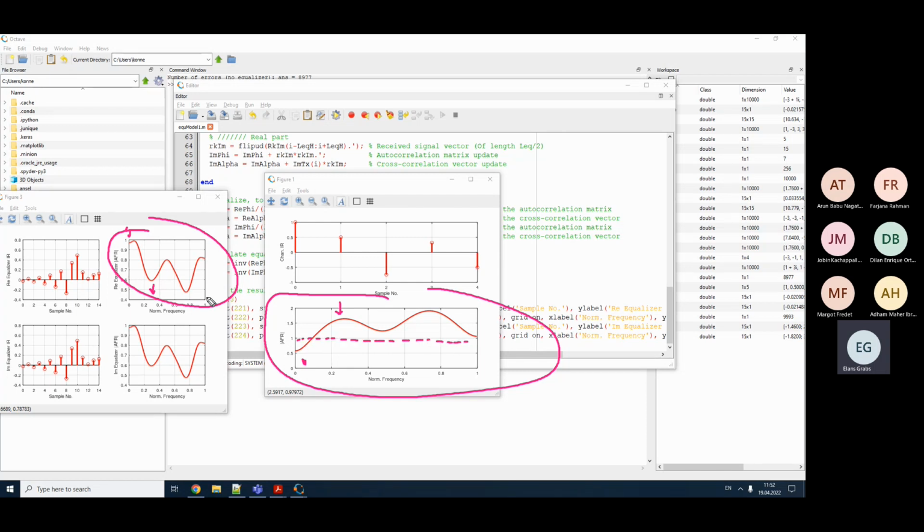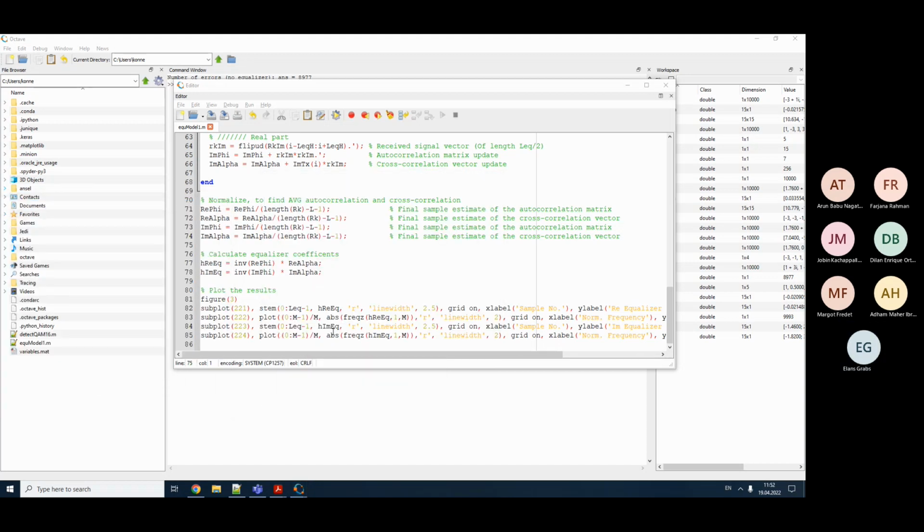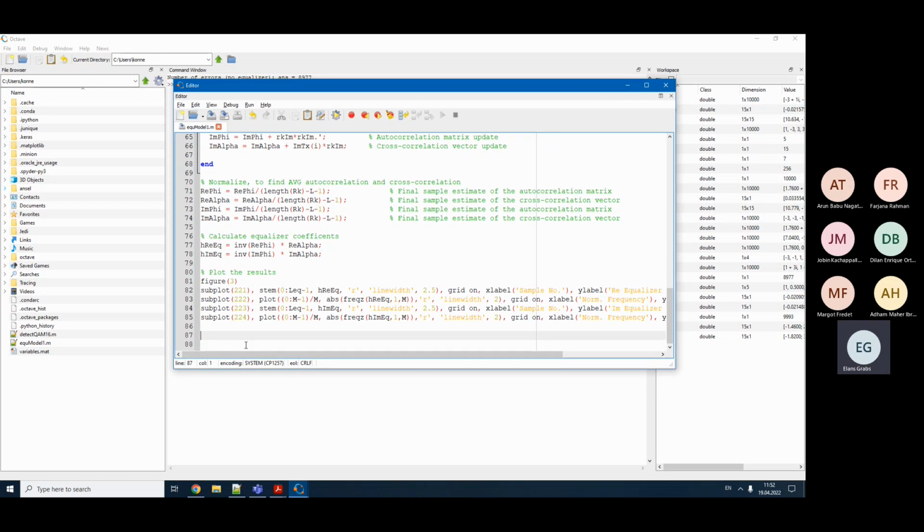So let's see now how close we were to this and how the impulse response will look in this particular case. So plot the results for equalizers. Then accordingly plot the results for the entire system.